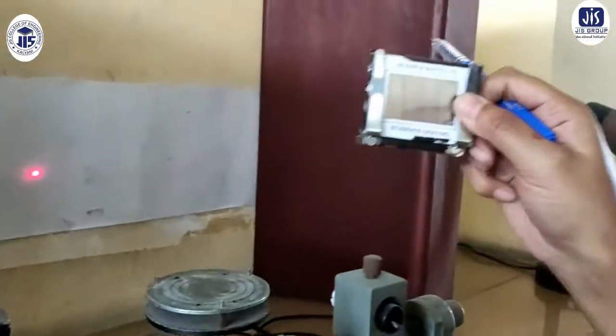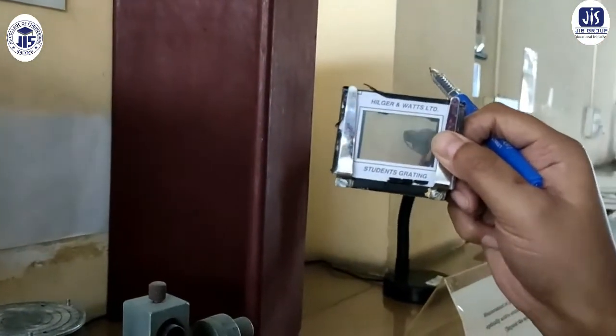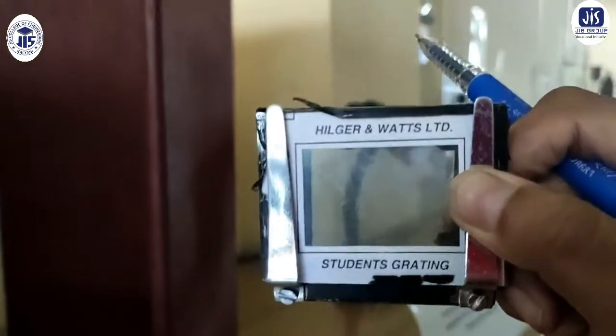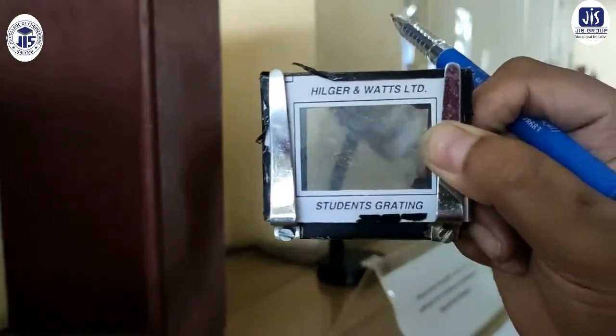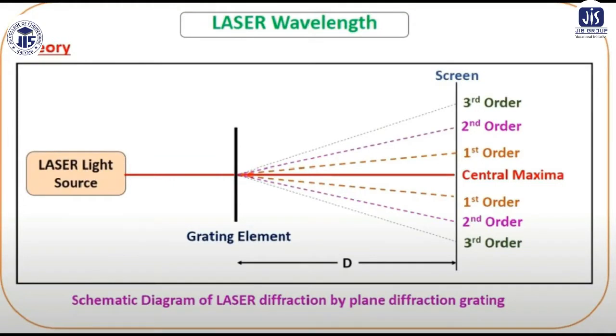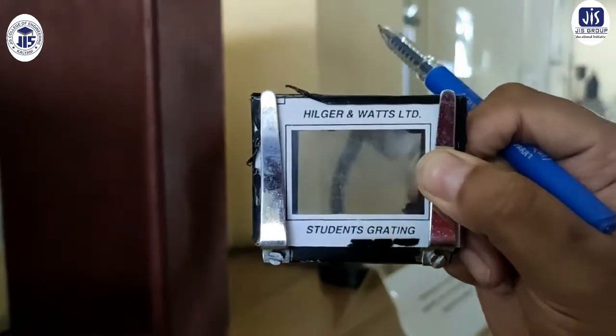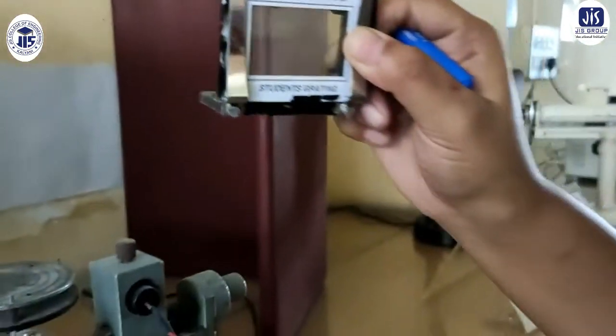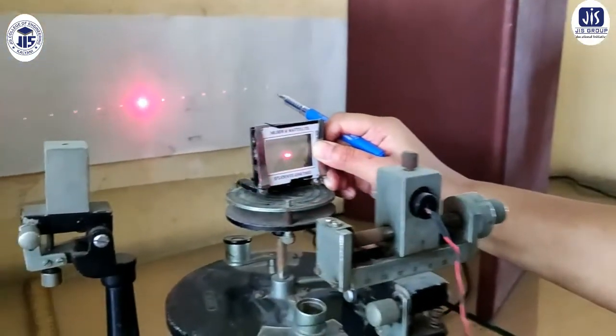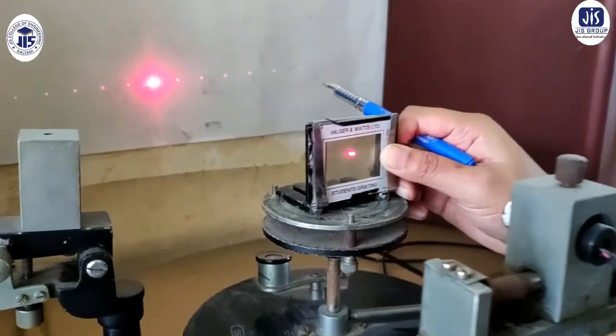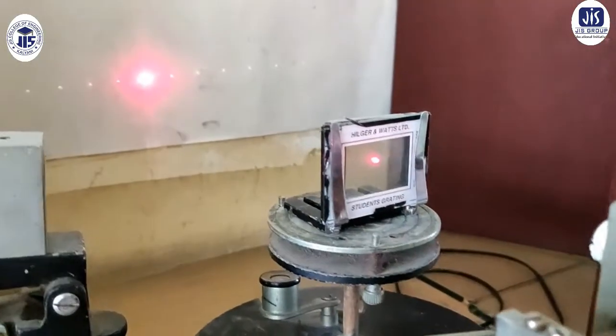Then we need a glass. This glass is called a grating. It will be used for the diffraction of the laser light. We are placing the grating like this so that my laser light passes through the grating and then is incident on the wall.